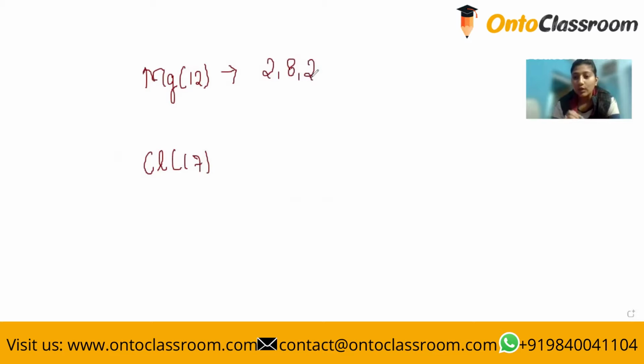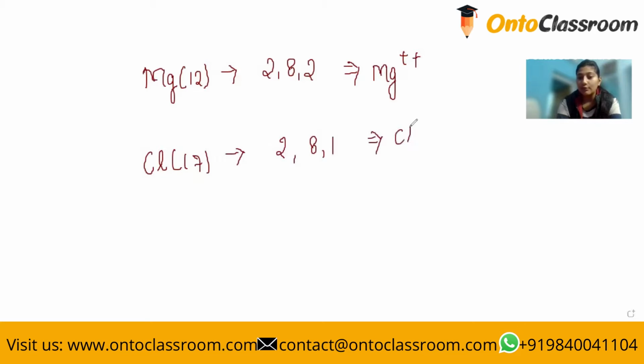So it has 2 electrons that it can donate to form the magnesium ion Mg2 positive, and chlorine, 2, 8, 7, can easily form the chloride ion.